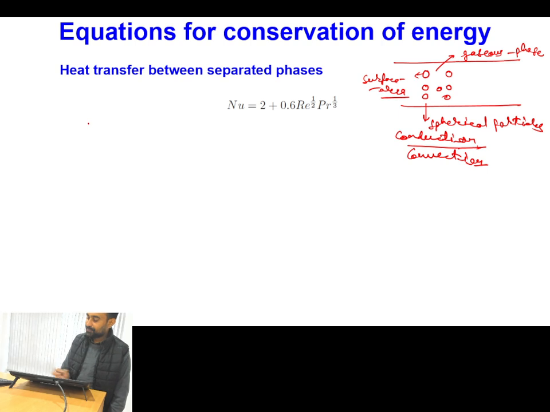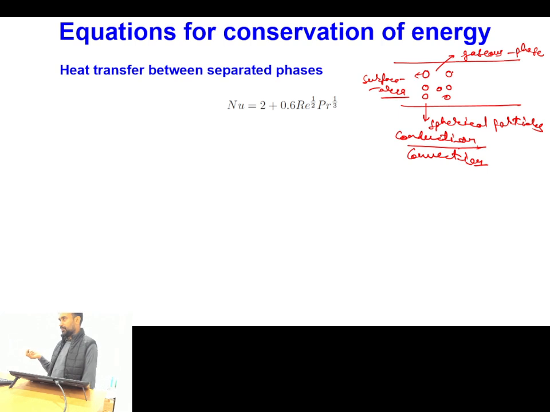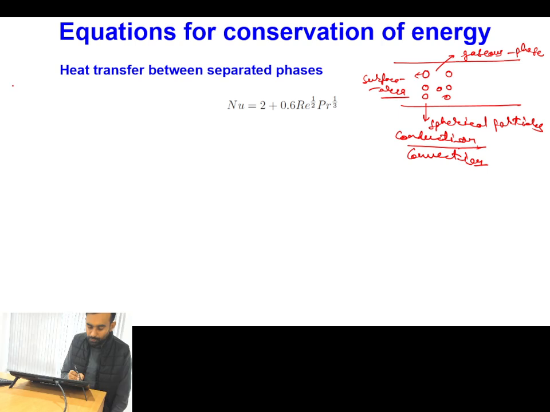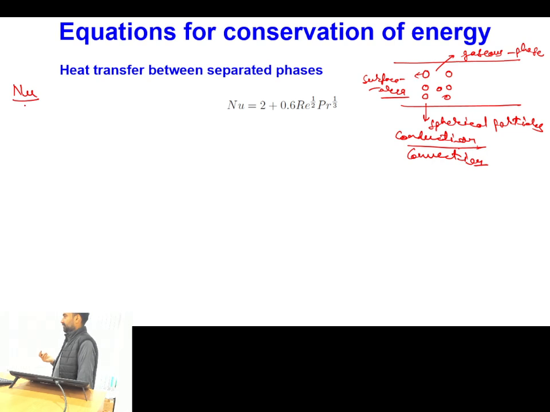Now, if there is relative motion present, then of course the effect of convection has to come into the picture, and we know that to account for the effect of convection, we take the help of the Nusselt number for defining the rate of heat transfer. Okay.